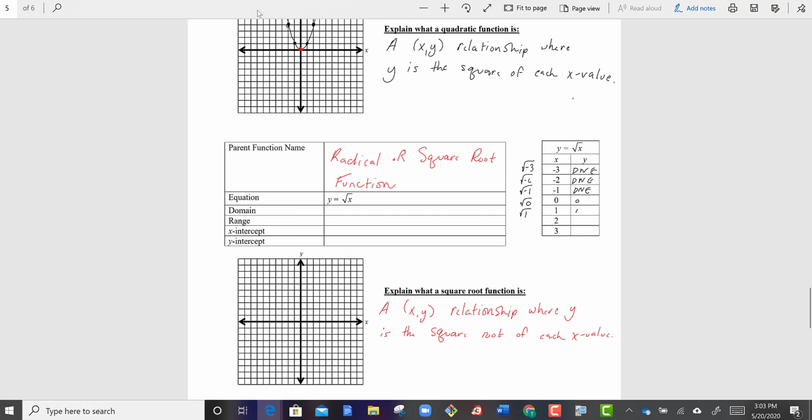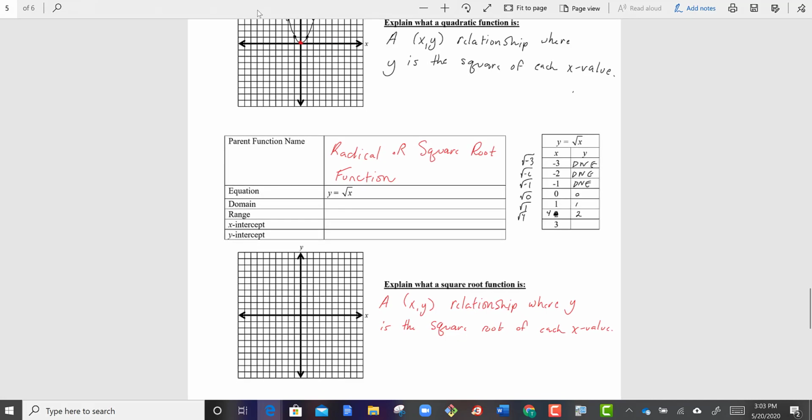So what we want to think about is, okay, what is the next perfect square after 1? About 4. So 4 will be the next number in our square root chart, and that's because the square root of 4 is 2. And notice how we're just increasing by 1 here in the y column. So then this last number, we can make a 9 because the square root of 9 is 3.